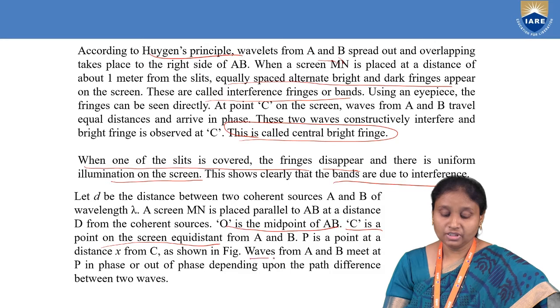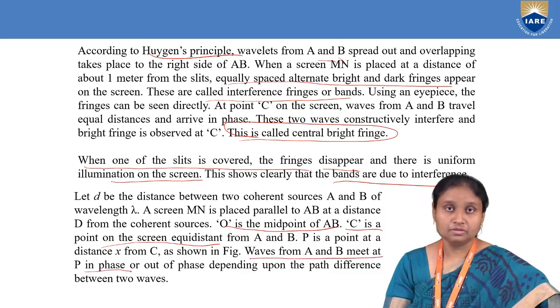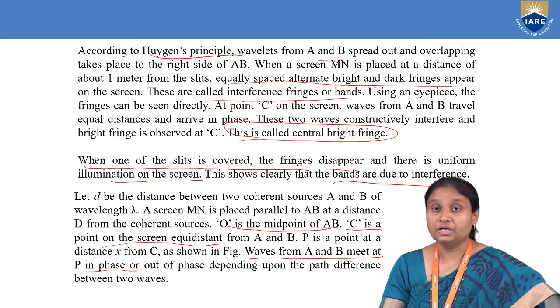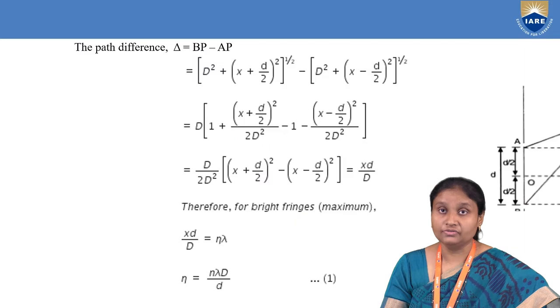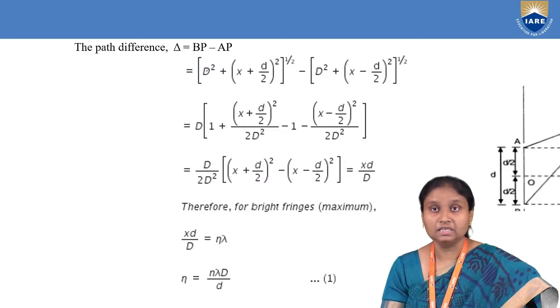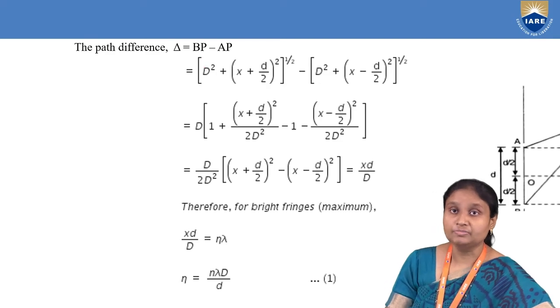Waves from A and B meet at point P, and they can be in phase or out of phase, and that depends upon their path difference. That path difference is nothing but BP minus AP. Now we need to find this BP and AP.